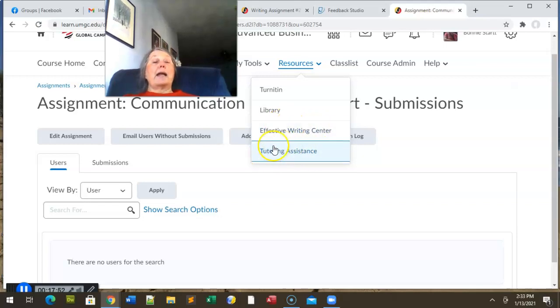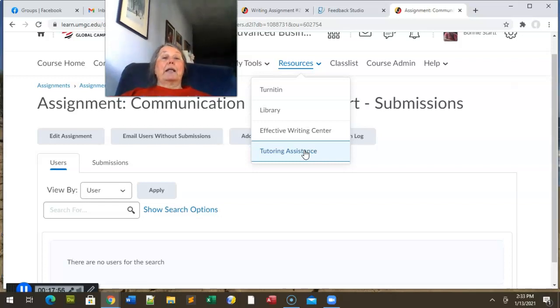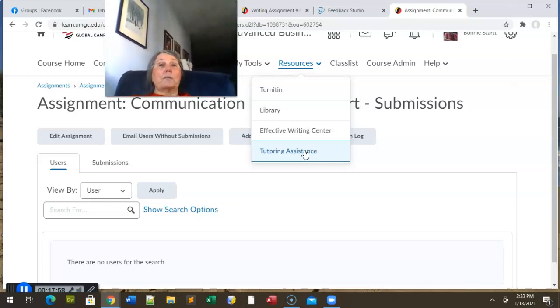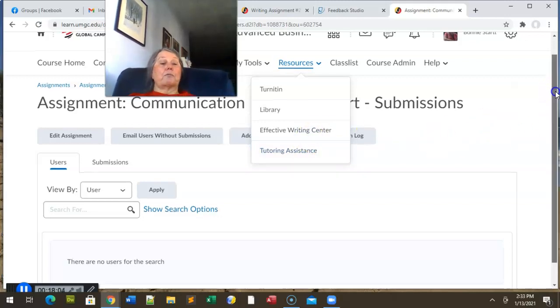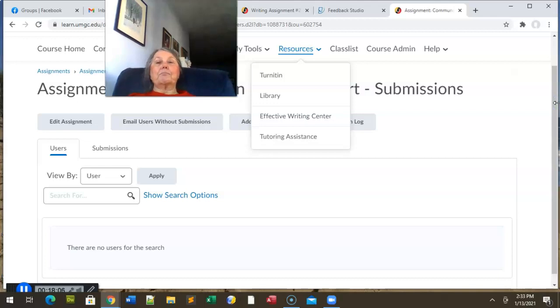If you are using the Writing Center or the tutoring assistant, please make sure you have at least 48 hours to 72 hours before it has to be turned into our class, because it may take them that long to get to responding to your paper. All right, folks, I hope that gives you a good overview of what to expect, where to look for things in this class, and what to do.